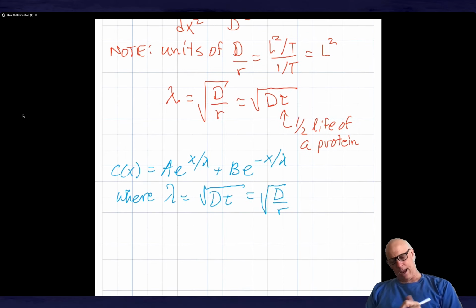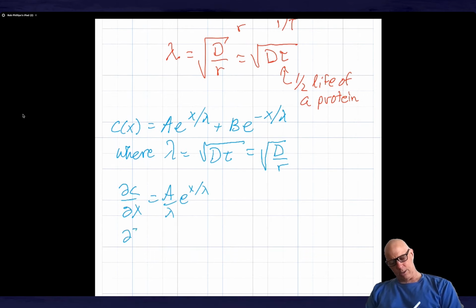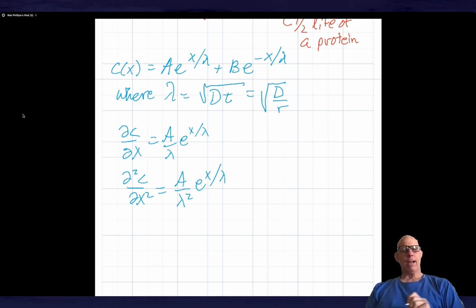Let's verify that. So dc by dx is going to be A over lambda times e to the x over lambda, and d squared c by dx squared is going to be equal to A over lambda squared e to the x over lambda. Let's plug that back into the equation.